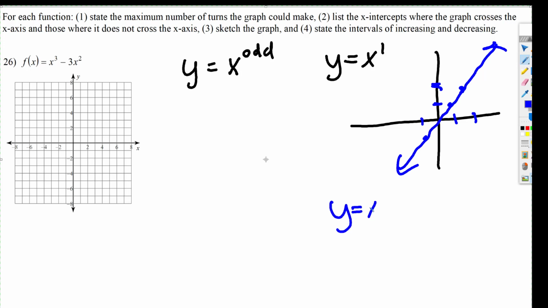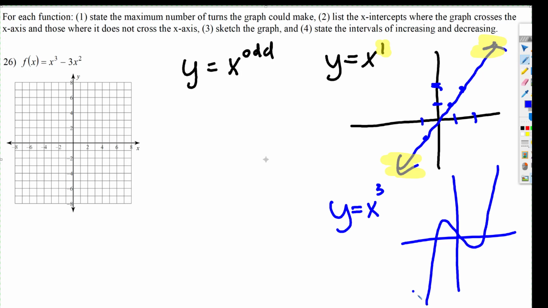So y is equal to x to the third power. See what these endpoints are doing? They're going in opposite directions. When the exponent is odd, the graph endpoints will be headed in opposite directions. So notice, this is an odd exponent, and those endpoints are headed in opposite directions.